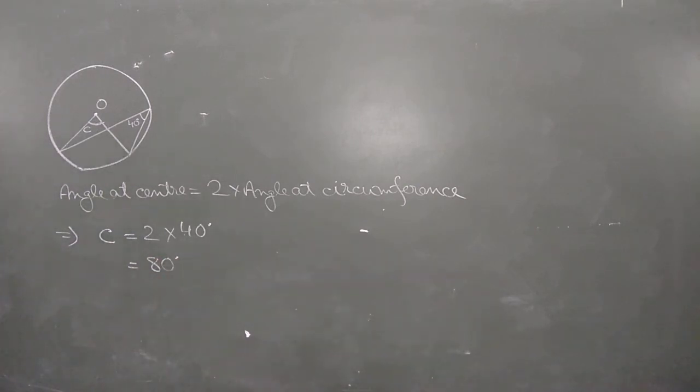Now we have used the first property. Now move to the next part. In this question, the angle made at the center of the circle is 260 degrees by this arc.